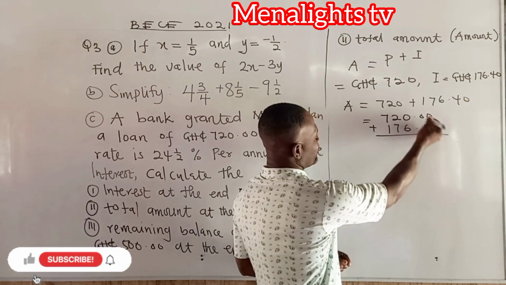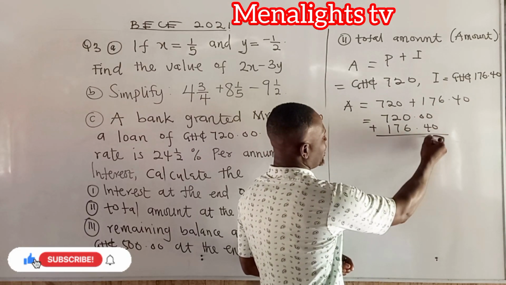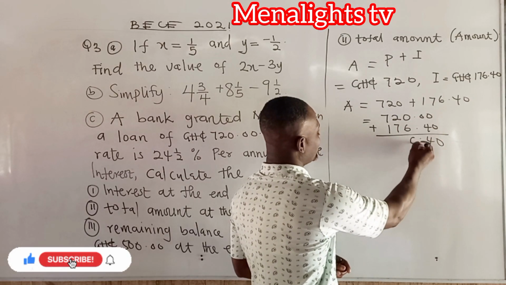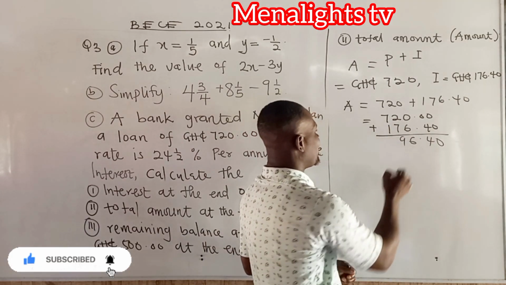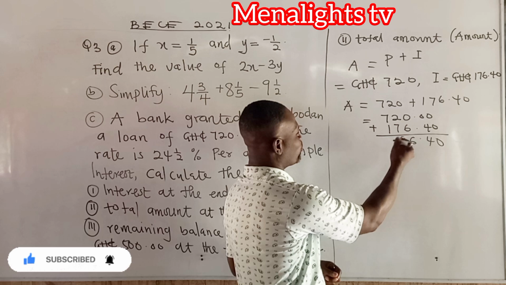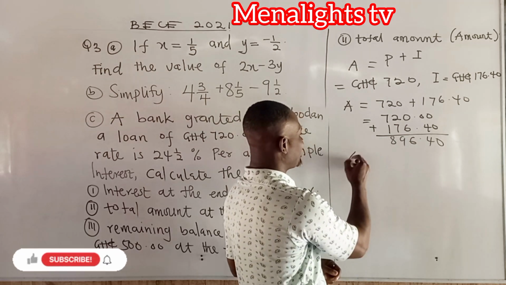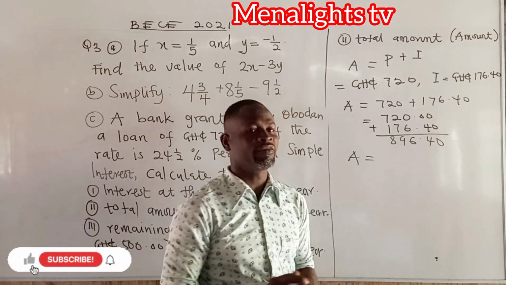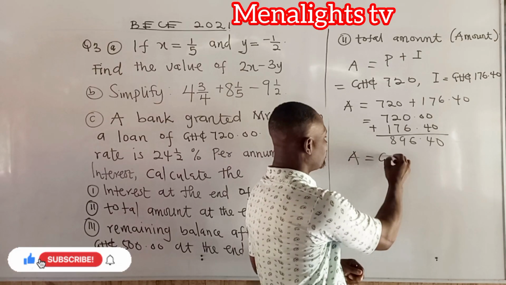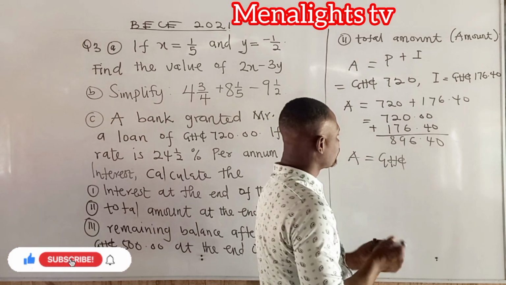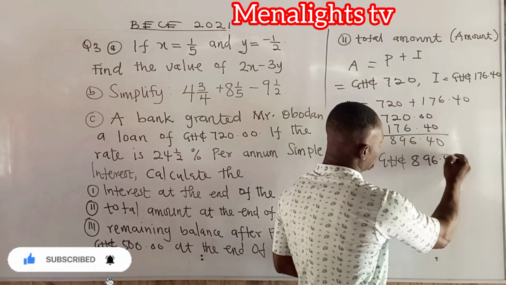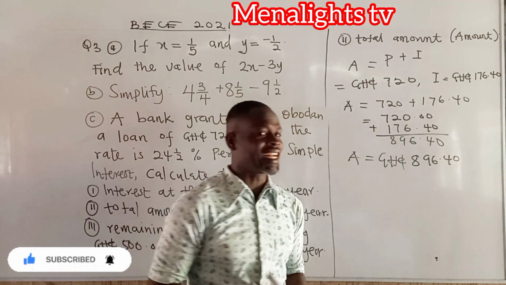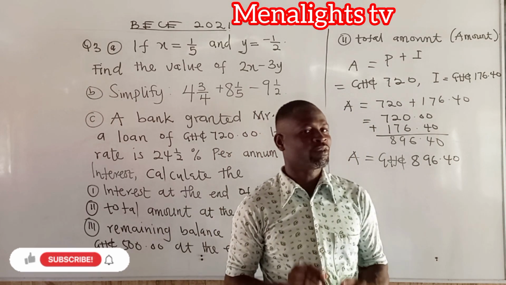So we add: 0 and 0 give us 0 here. This will give us 4 points. This is 6. 7 plus 2 will give us 9. And then 7 plus 1 will give us 8. So it means that the amount at the end of the year is going to be 896 cedis, 40 pesos.